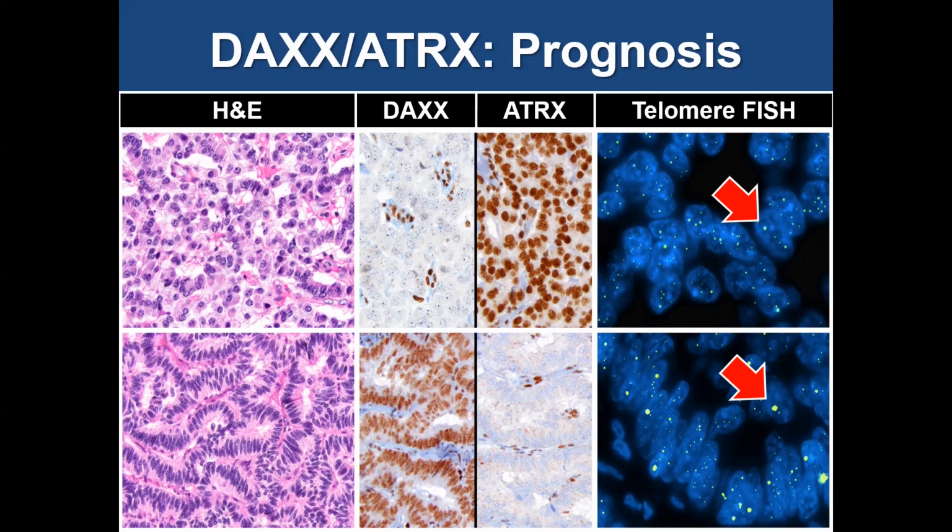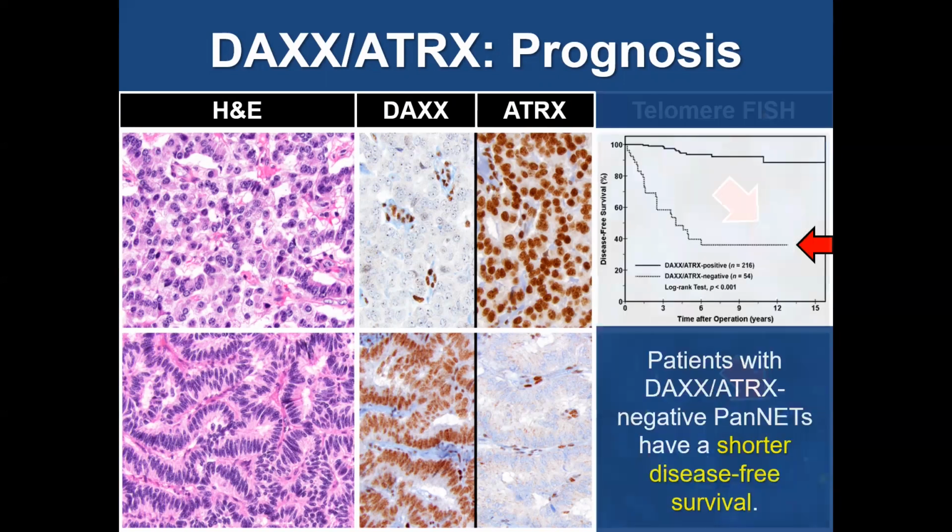But the question that we and others have had is, can we use these to understand the prognosis of neuroendocrine tumors as a whole? And so we and other groups have evaluated hundreds and hundreds of neuroendocrine tumors, primary neoplasms, and followed these patients over the course of time based on their status of ATRX and DAXX as an observational clinical trial.